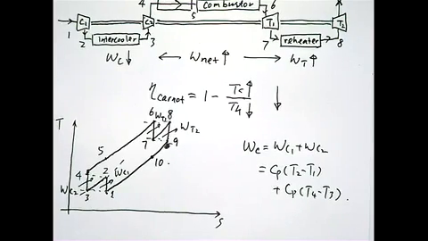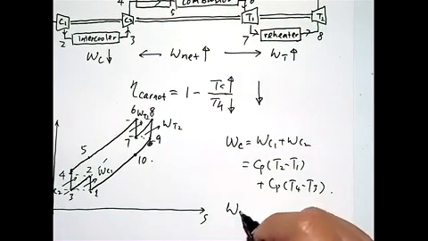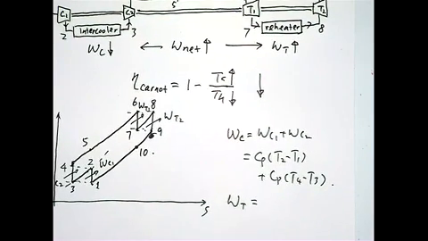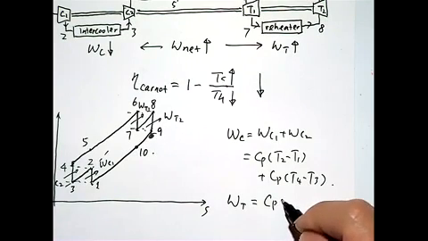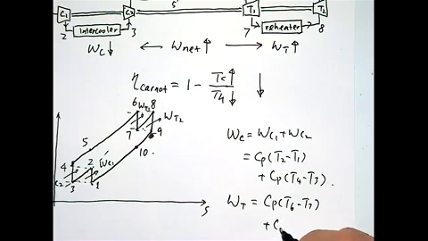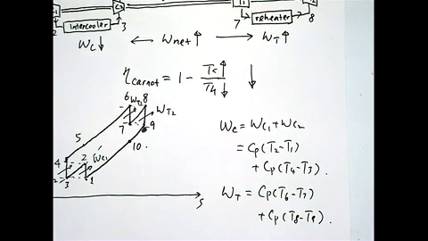Right, so that's the compressor, and the turbine is on the other side. You would have Cp (T6 minus T7) and Cp (T8 minus T9). So each has 2 components.